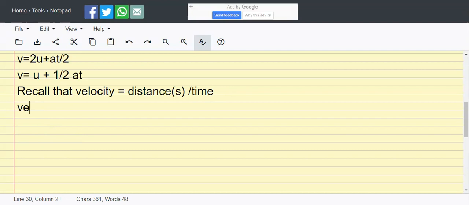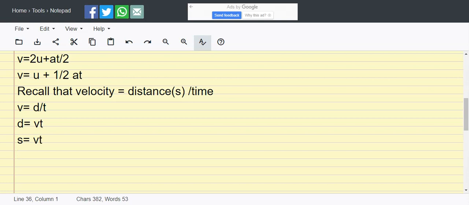Velocity v equals d over t, so let's make d the subject. So d equals vt, and when our d is s, s equals vt.